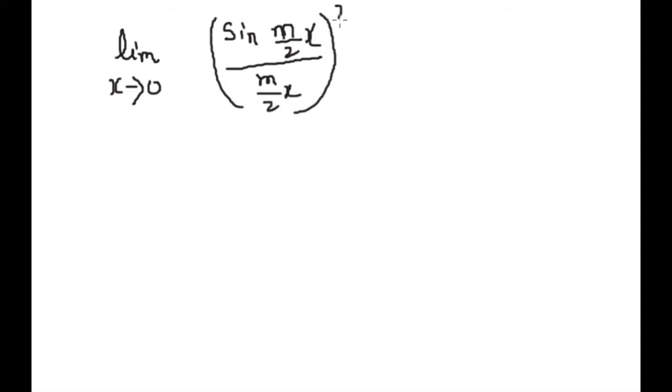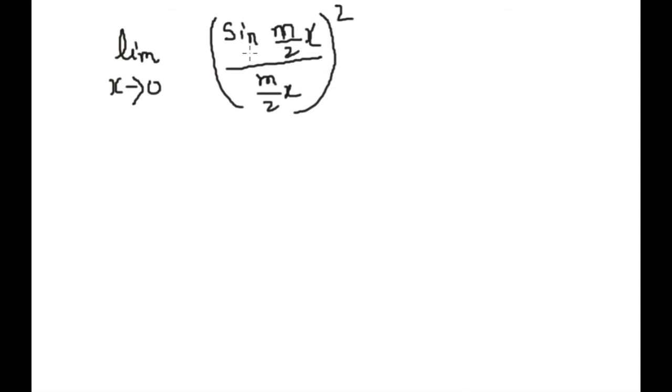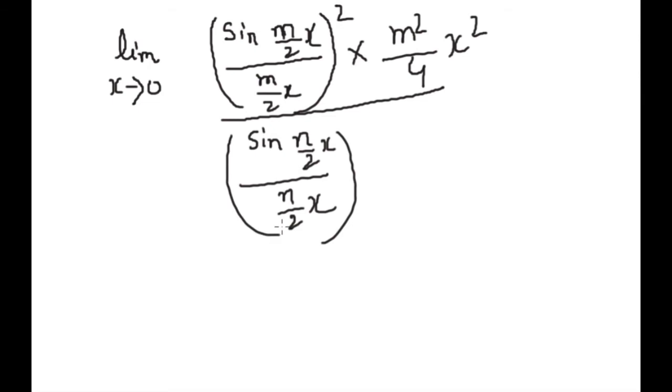We can write like this because this is also in square and this is also in square, so we will write in whole square. Now this one is m square by 4x square into m square by 4x square, sine n by 2x by n by 2x. Again, this is whole square into n square by 4x square.